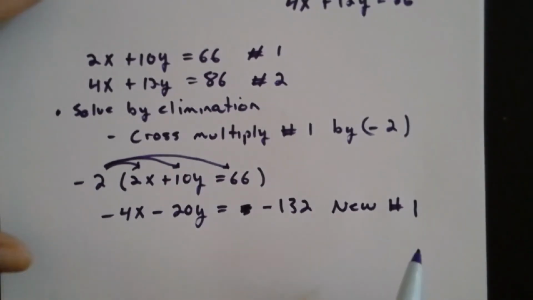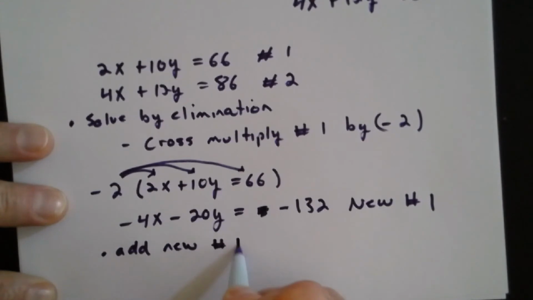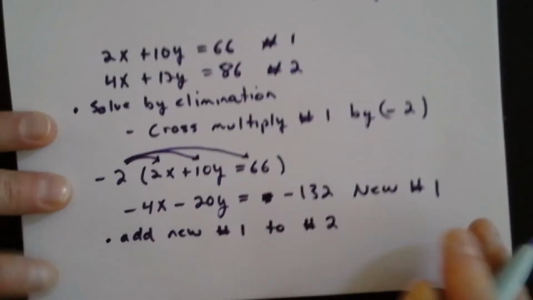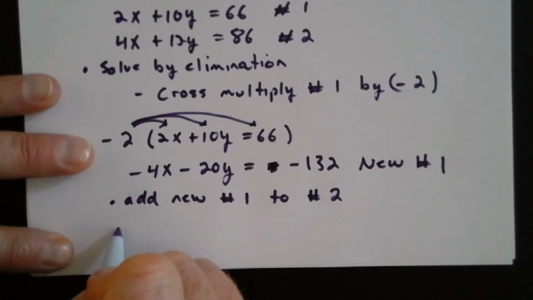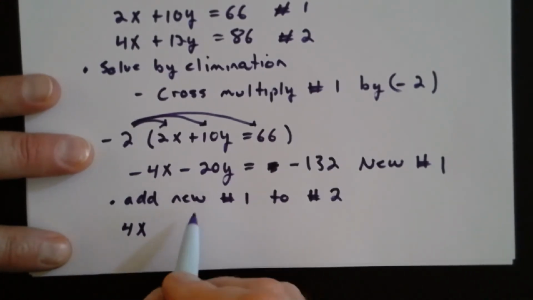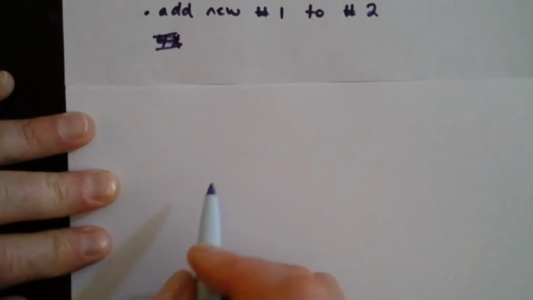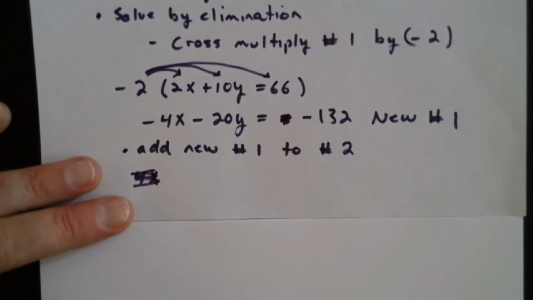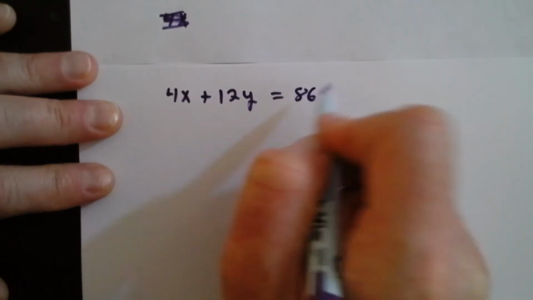We're going to add this to number 2. So number 2 is, we have 4x plus 12y is equal to 86.